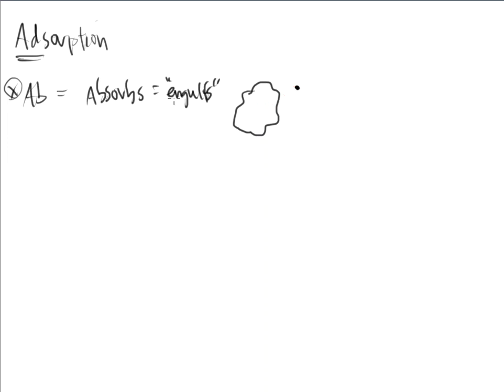Okay? What actually happens in adsorption is that the molecule will kind of come near the stationary phase and it just kind of hangs out on the surface and it stays there for a little bit. I normally talk about this fly paper.